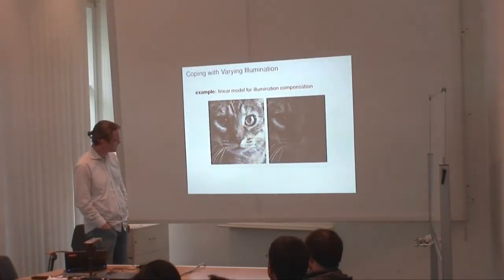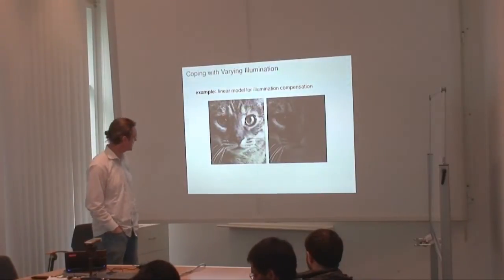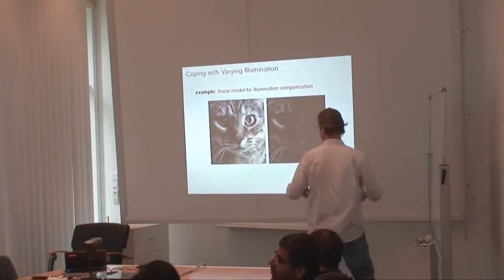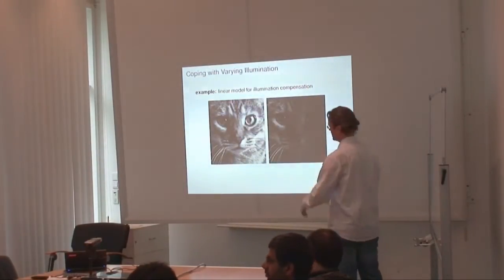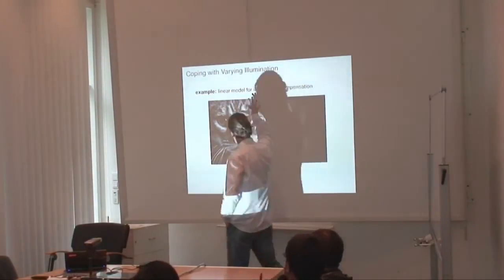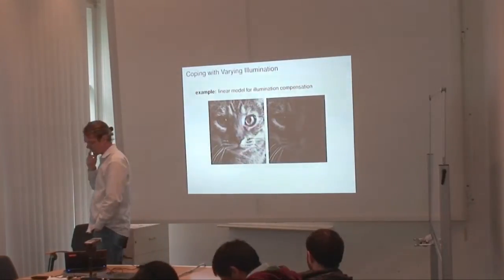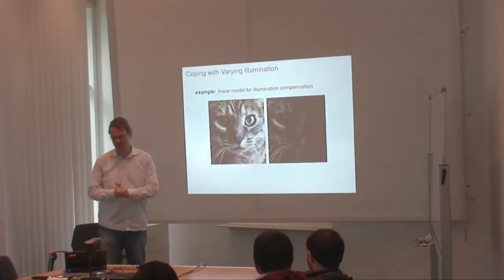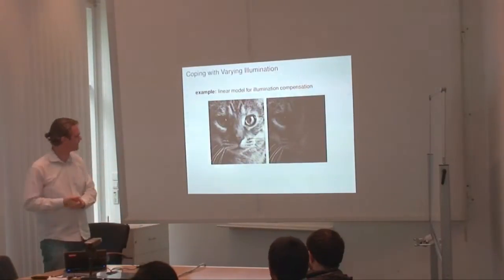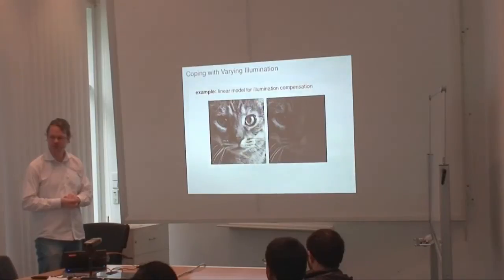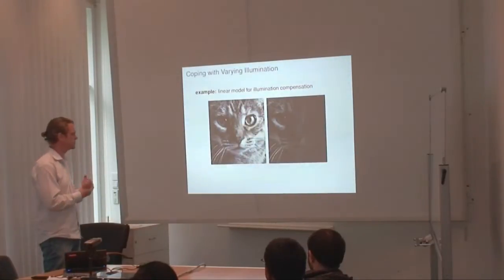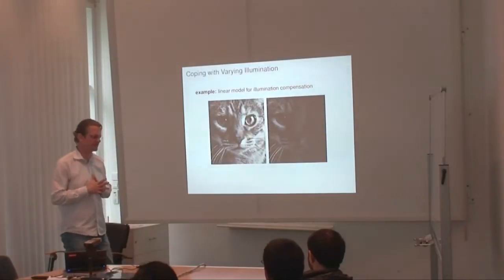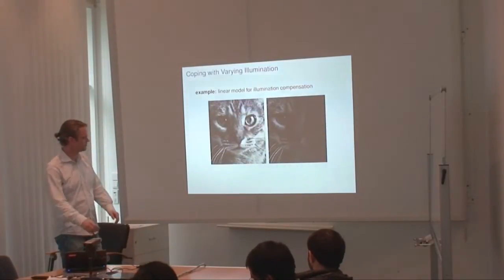And it seems that when this picture was taken, there was a light source somewhere over here illuminating the face of the cat, because the face of the cat is brighter on the right-hand side than it is on the left-hand side. And our question is, can we do something to the image so that on average it is of equal brightness on both sides?